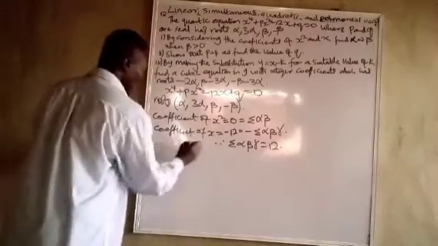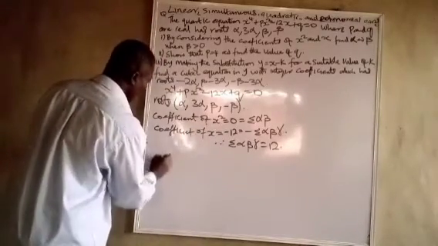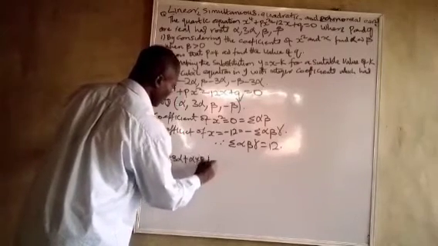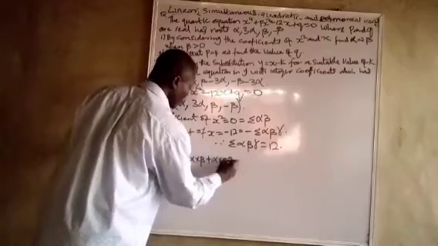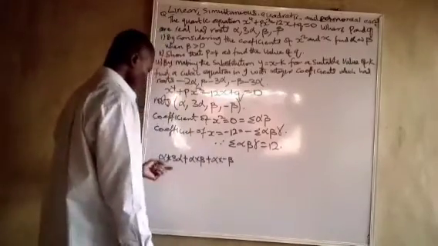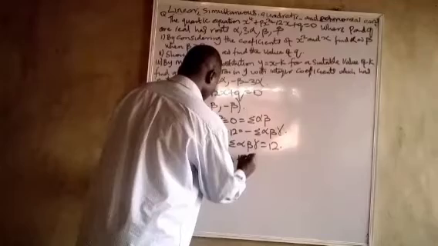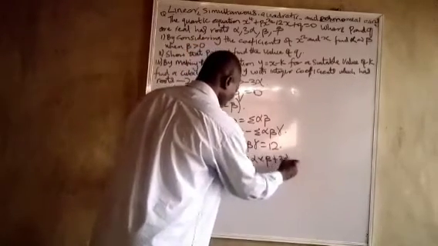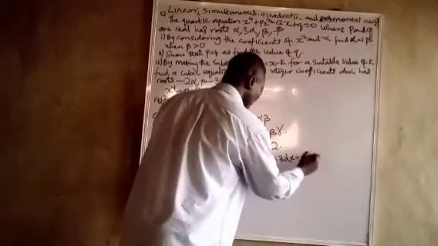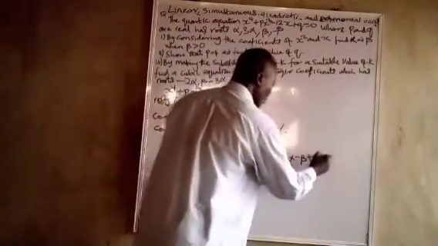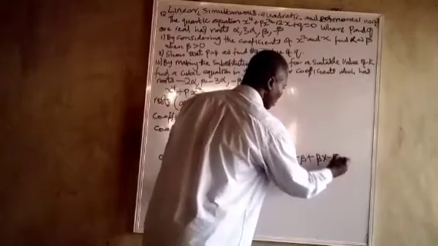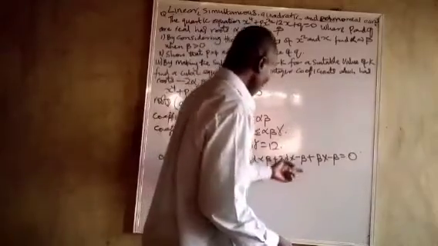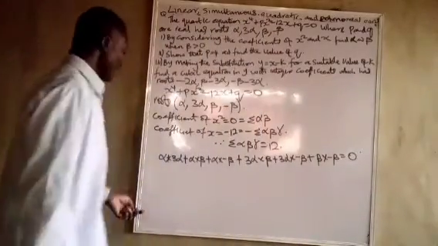So let's use these two pieces of knowledge to find alpha and beta. Now let's take it in pairs. That is alpha times 3 alpha plus alpha times beta plus alpha times minus beta plus 3 alpha times beta plus 3 alpha times minus beta plus beta times minus beta is equal to 0. So I have six terms. Let me bring it out.